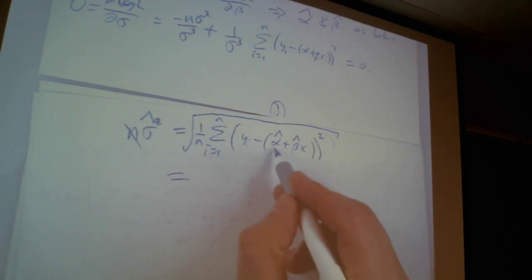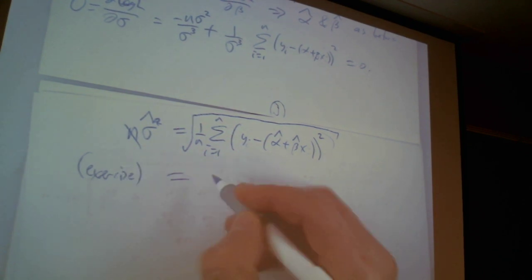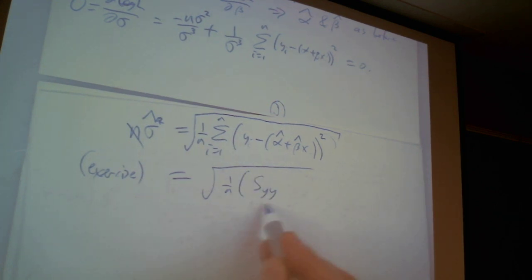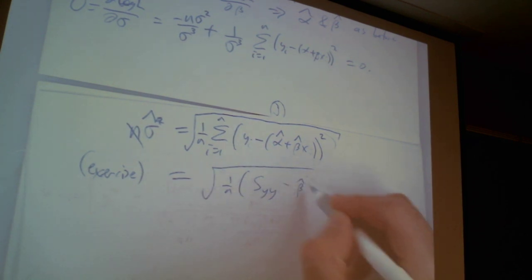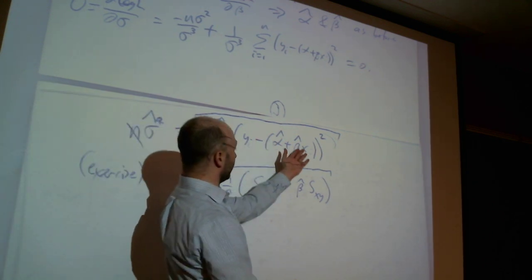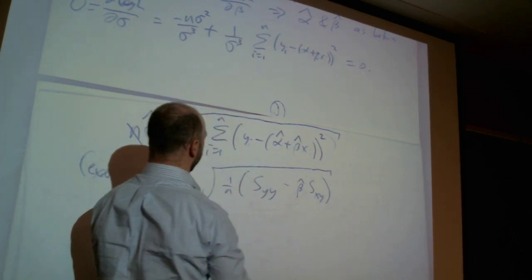If you stick in the values of alpha hat and beta hat, then what you will get here is the square root of 1 over n of SYY, which is like the variance of y, minus beta hat SXY. And beta hat was SXY over SXX, so it's like the covariance squared. This is just algebra. Stick in the actual values here, pull together the sums, everything will square out to this.